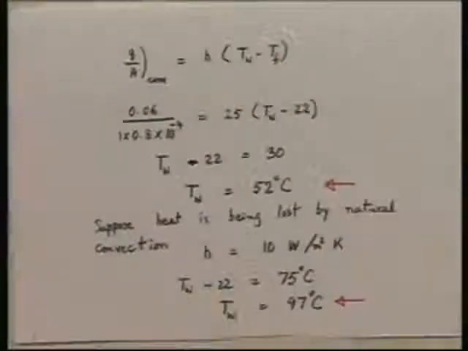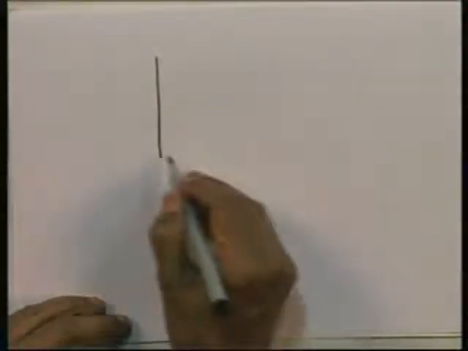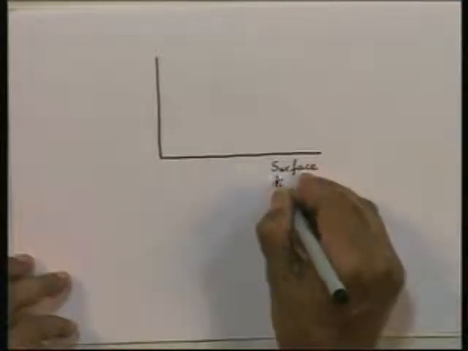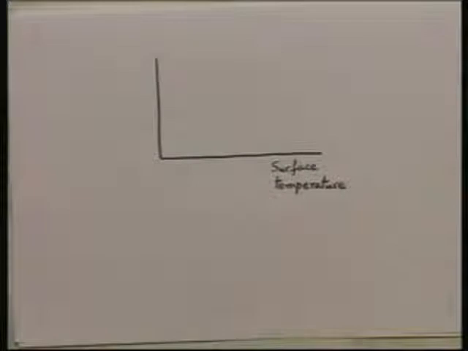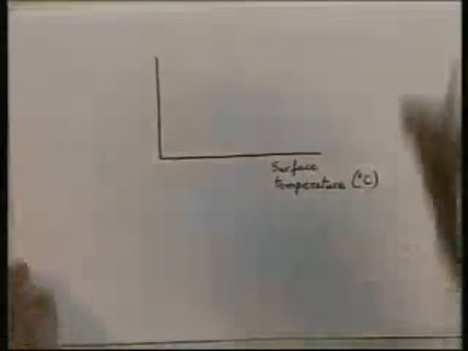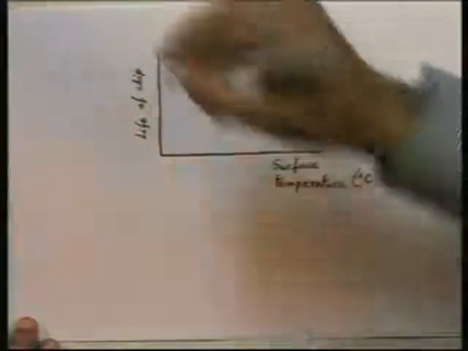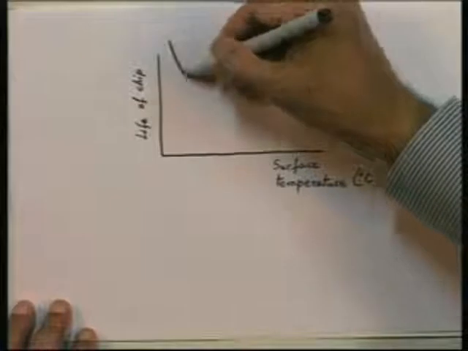Now, numbers like 52 and 97 have a great deal of significance, because if I were to plot a graph of the life of the chip against the surface temperature, with surface temperature in degrees centigrade here, and here I plot the life of the chip in, let us say, thousands of hours of operation, then typically I might have a graph which looks something like this.